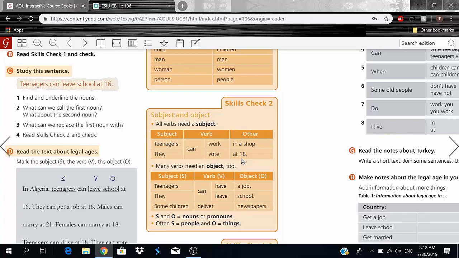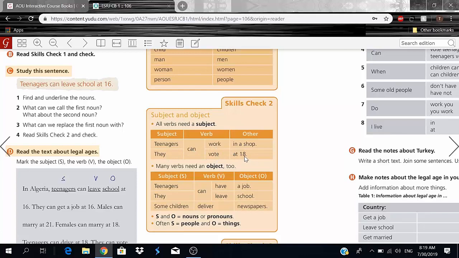So I have to add a subject to make the sentence meaningful. If I add teenagers can work in a shop, now it's a lot more understandable, and I actually know what the other person is saying. Or with a pronoun, they can vote at 18, okay?